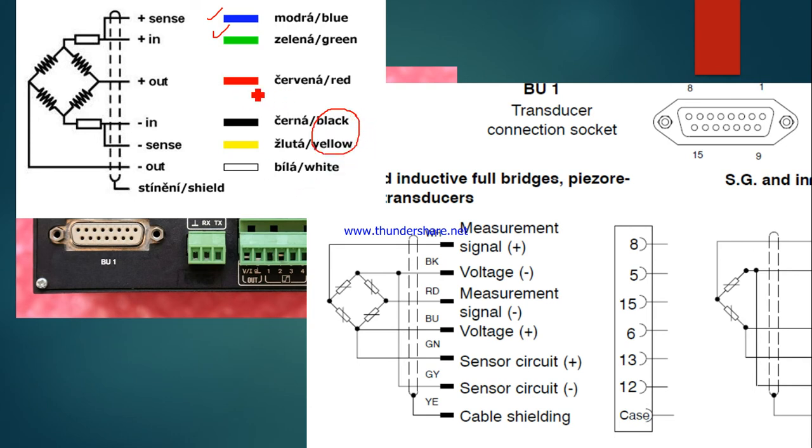Then the measurement output positive will be red, and measurement output negative will be white. These are the common color codes used in India, but sometimes some manufacturers follow a different color code. So you have to understand where these wires are, and connect this particular amplifier accordingly.